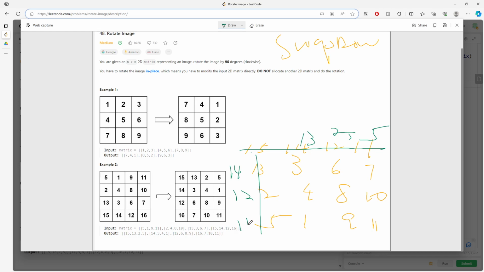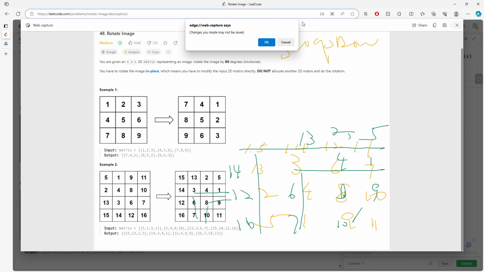This one we're going to swap with this one, right? 6, 7, 4, 1. And this will be swapped: 9 and 10. Your A doesn't change, right? And then this will be the entire solution.